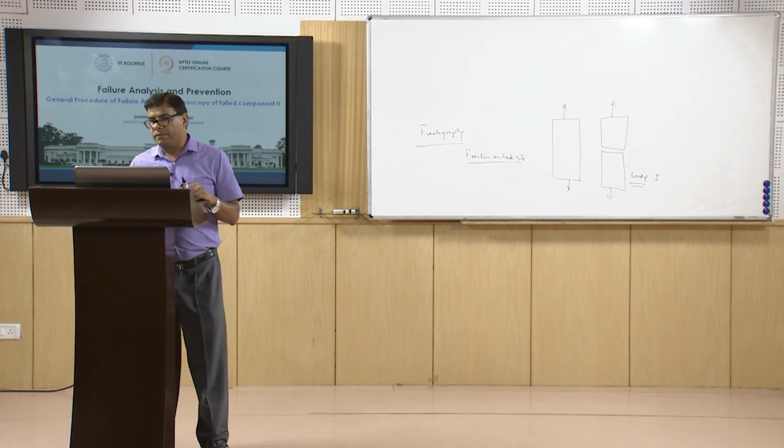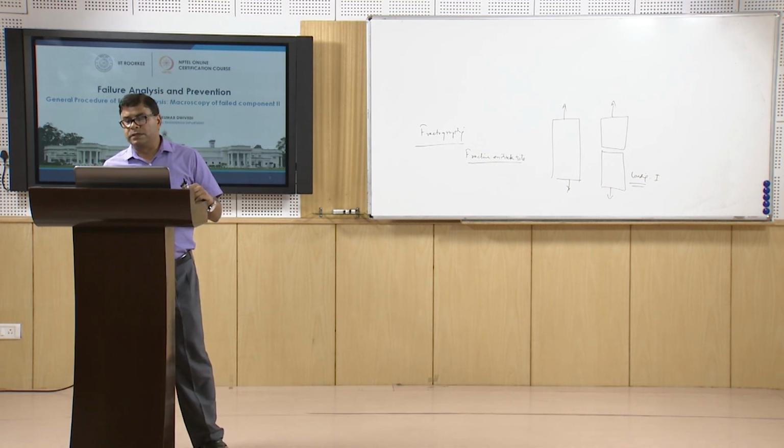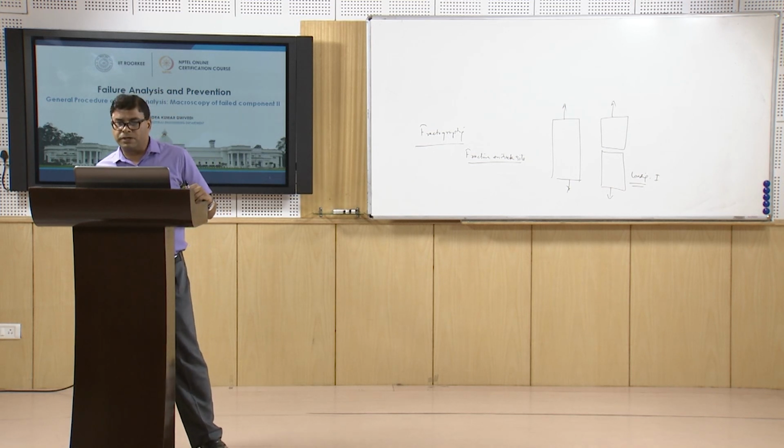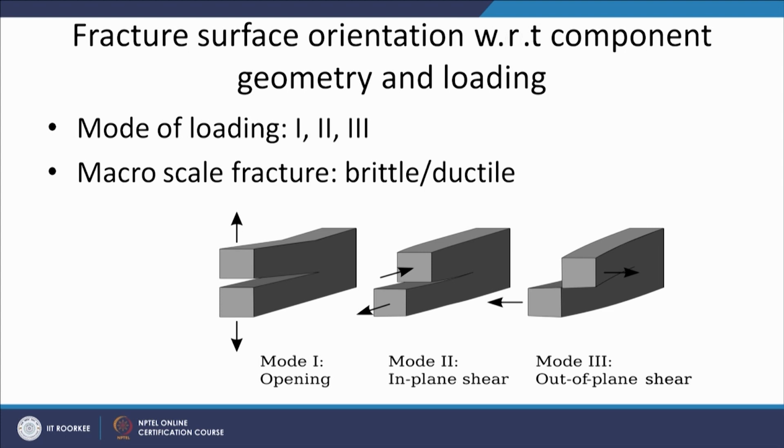And in shear loads, whether it has been mode 2 or mode 3 loading depends on whether the movement of the sheared component has been parallel to the fracture surface and in the plane of the shear, or out of the plane of shear.